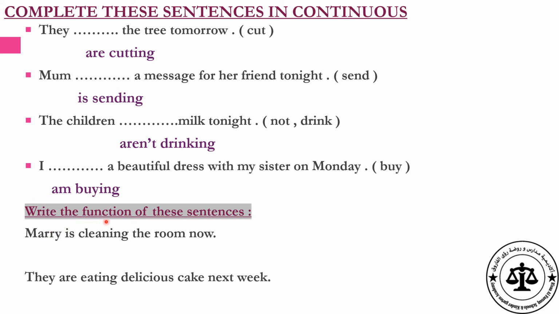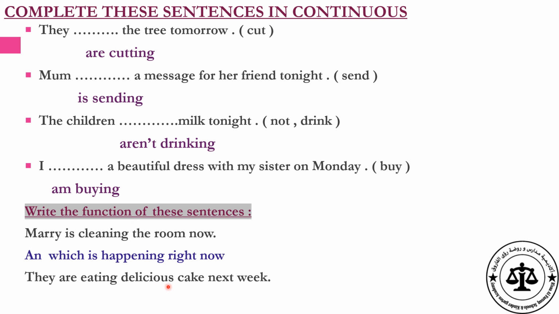Now write the function. Function means the use of these two sentences. Number 1, Mary is cleaning the room now. This action is happening now. Excellent. So the function of this sentence is an action that is happening right now. But look at this sentence.